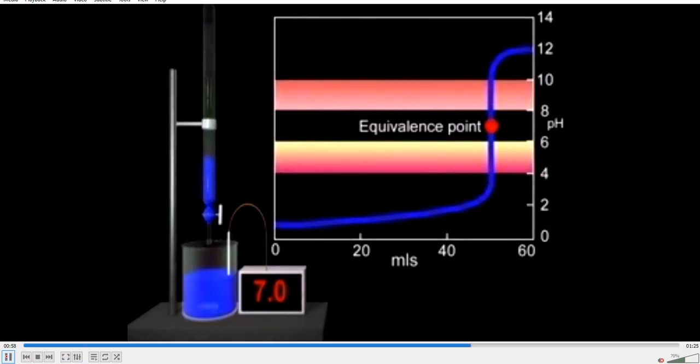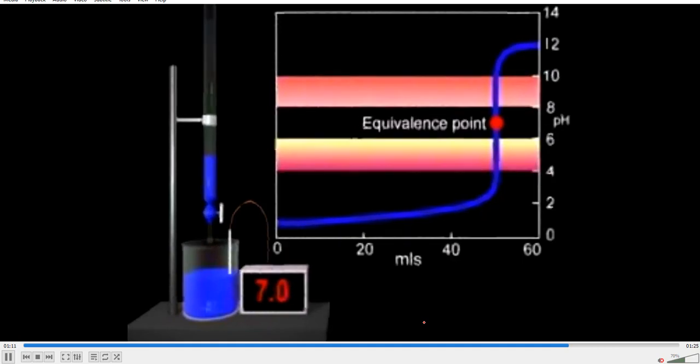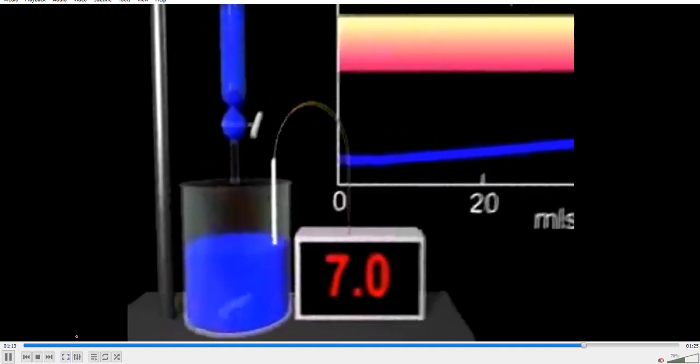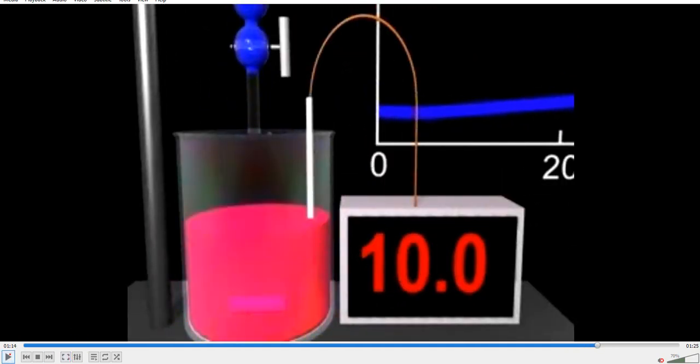So let's go ahead and see this. And this is what actually happens in a real-life chemistry titration experiment. All that is required is 1 more drop of base once you've reached the equivalence point. Boom. That causes the pH change. Notice it's now a basic solution. And notice, because of the indicator phenolphthalein, it's now pink.